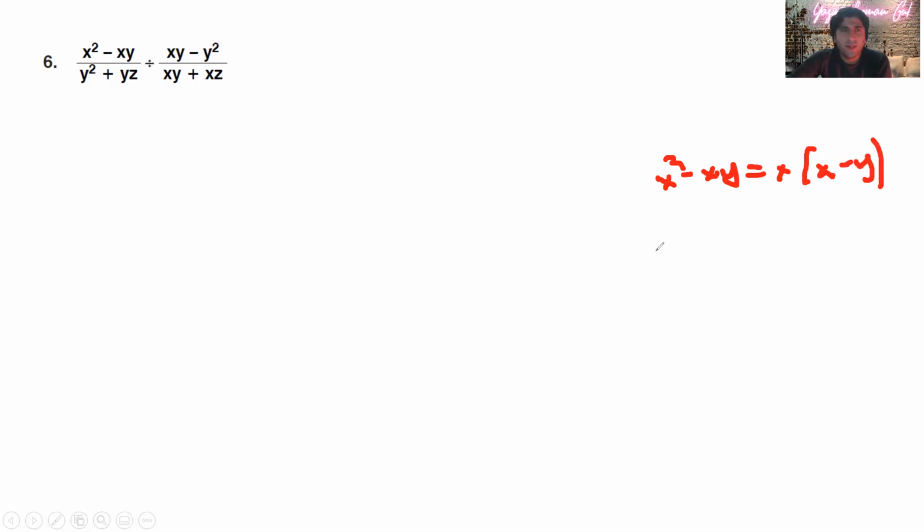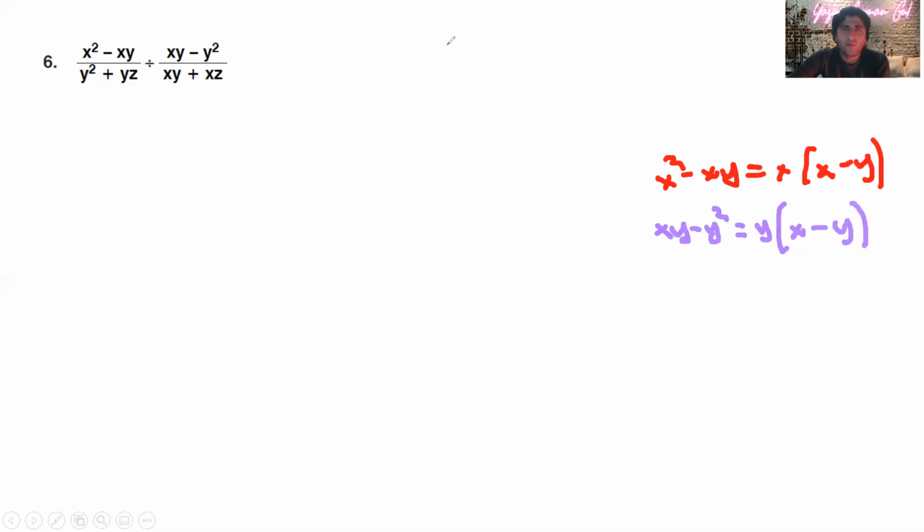Then xy minus y squared, that equals, now what's common here? y. I'm going to take this y out, then this is going to be x minus y.